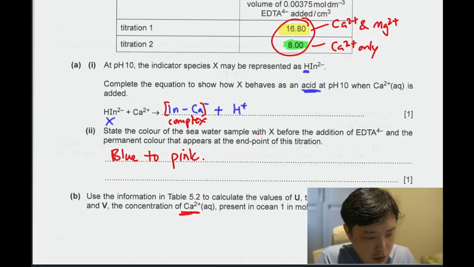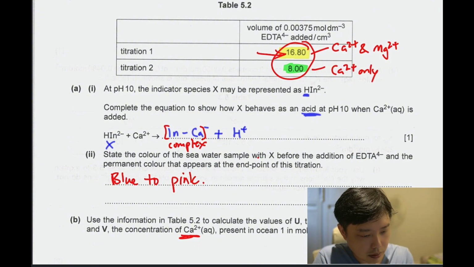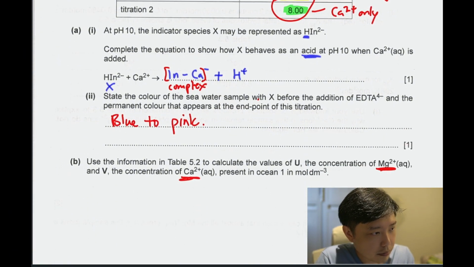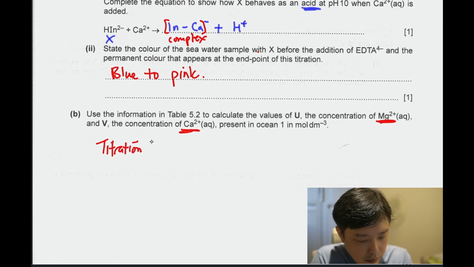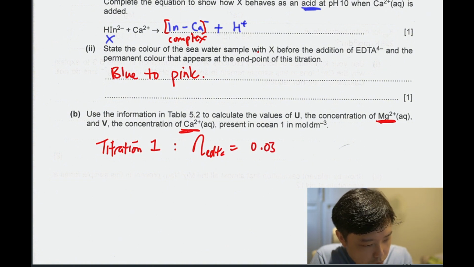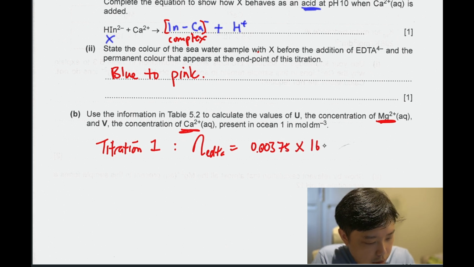For titration 1 is 16.8. So basically for the first titration, to find the number of moles of EDTA, you're going to use 0.00375 multiplied by your volume, which is 16.8 over 1000.